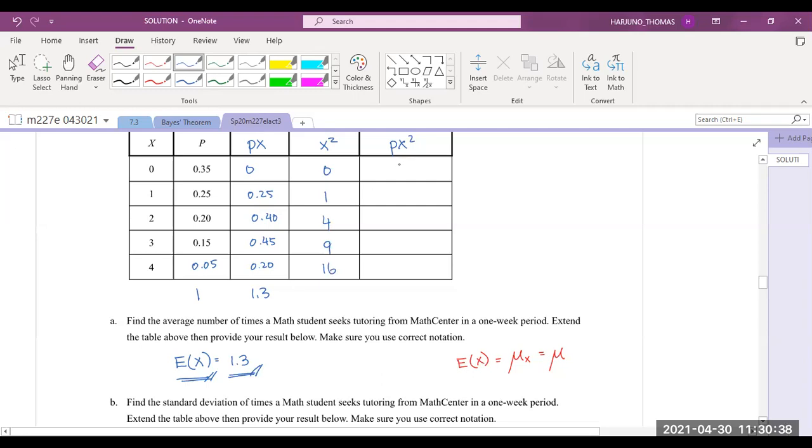That's the x squared multiplied by the probability. Then I add those. Let me use my calculator. Okay, I'm sorry, I punched something wrong. I get 3.2.